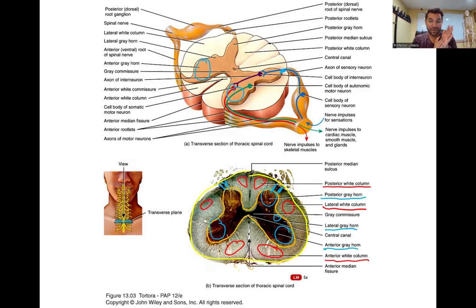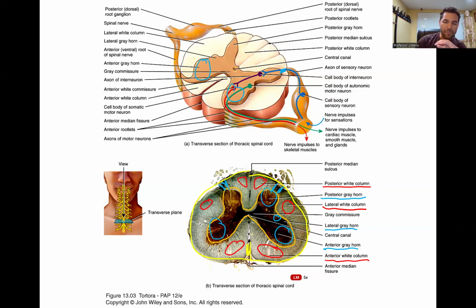So the main difference is you have gray matter and white matter. The gray matter is made of horns. You should be able to tell by looking at a spinal cord if it's the front or the back, right? I'll give you a couple other pointers real quick, just because we're here. If you look at the front of the spinal cord, there's kind of a big gap there. It has a name. I'll teach it to you in a second.